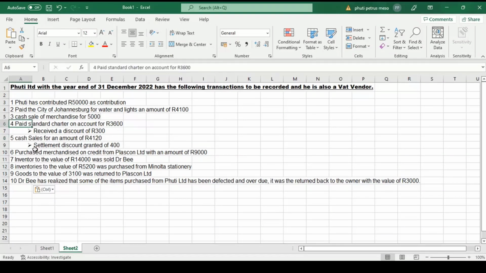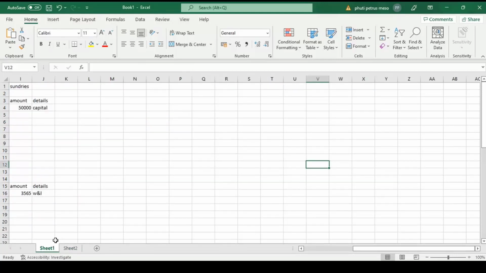Somebody was trying to answer me. Paid is transaction number 4. Paid Standard Charter with an account for an amount of 3,600 rand. Right. Somebody was trying to help me on how I can record this. Maybe put 3.6 under bank, and then calculate the VAT.